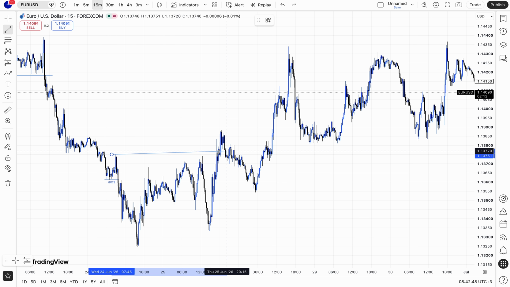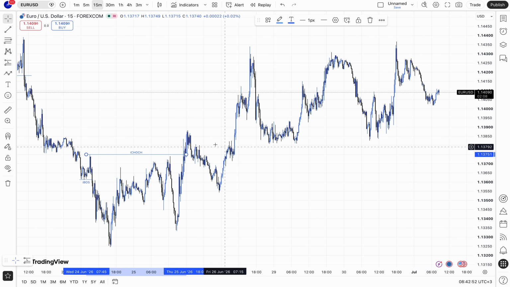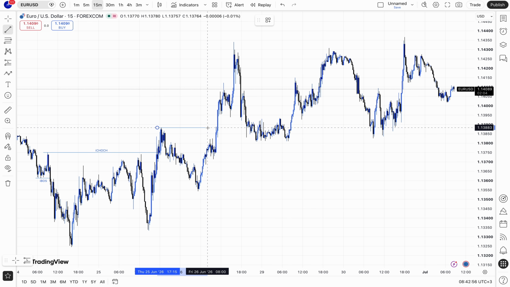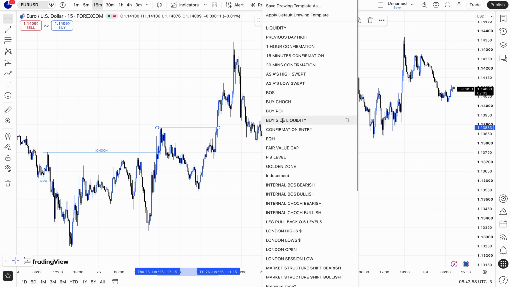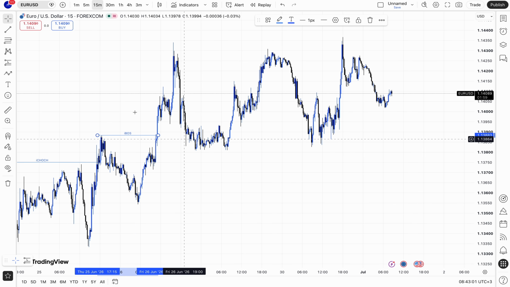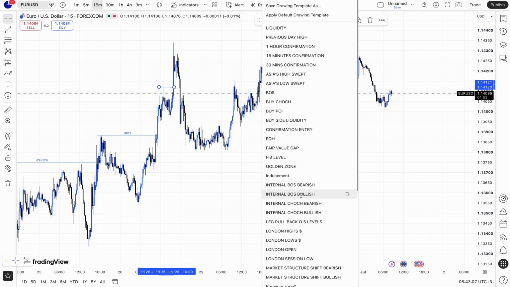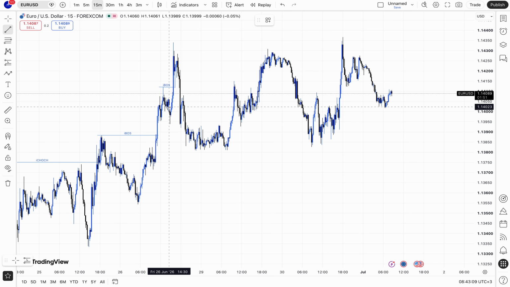Then we had our change of character to the upside. Then we had our break of structure to the upside. Then also we had a continuation break of structure to the upside. Then from here we had our change of character to the downside.